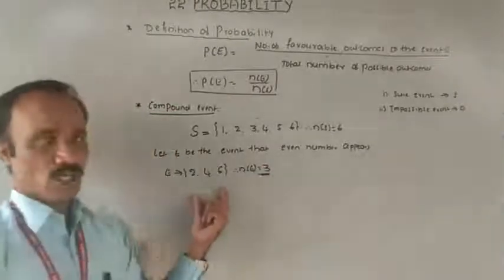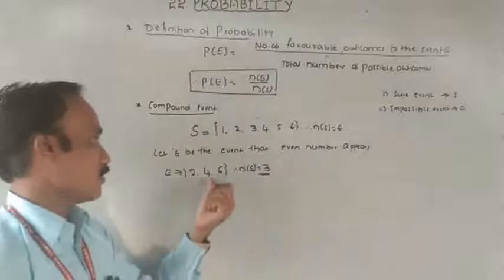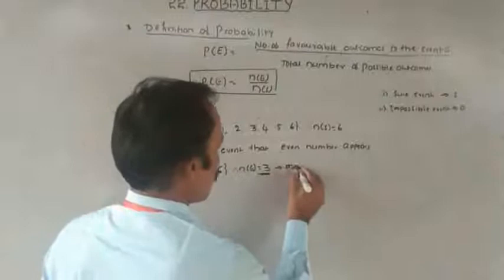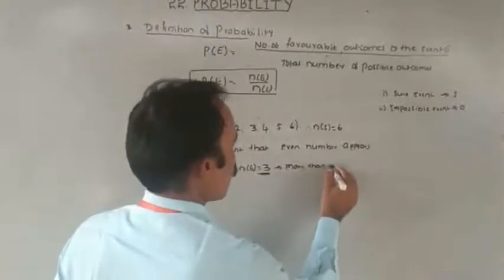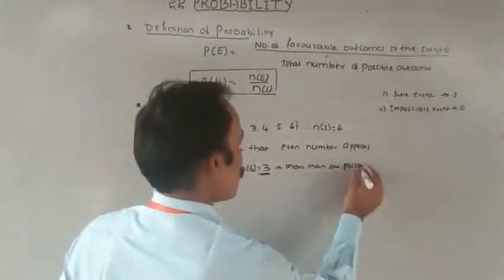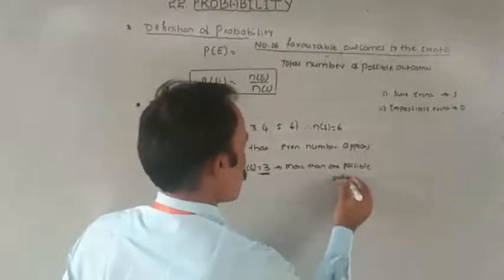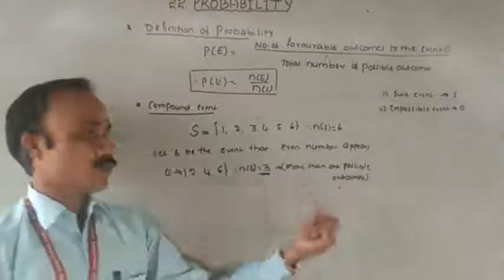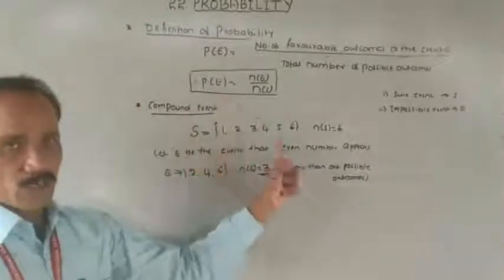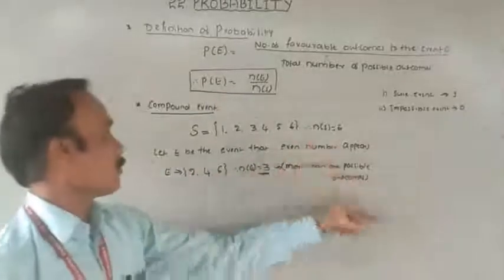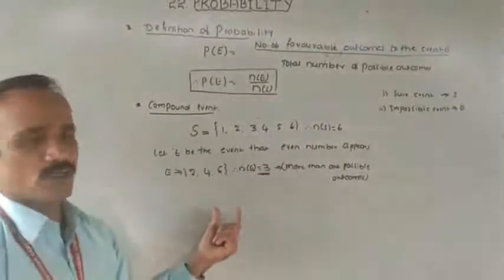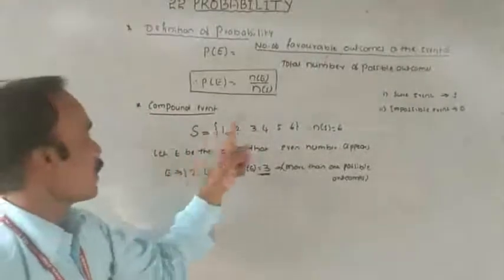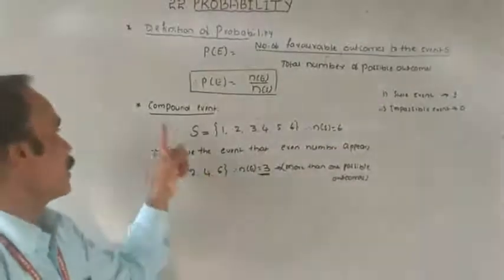Because we have 3 options: maybe 2, maybe 4, maybe 6. So 3 options means more than one possible outcome. In the last definition, exactly one possible outcome is an elementary event. Here there are more than one possible outcomes, maybe 2, 3, 4, whatever it may be. So more than one possible outcome is called a compound event.